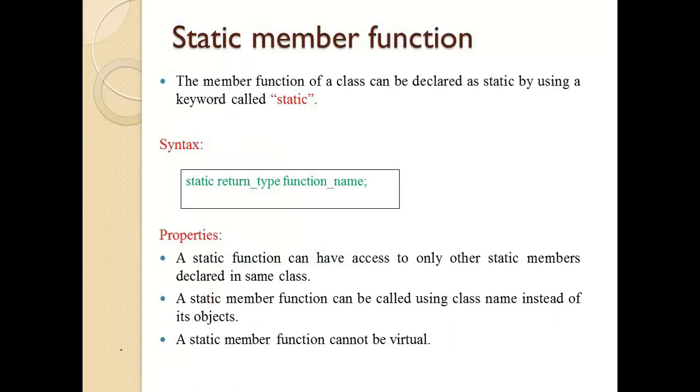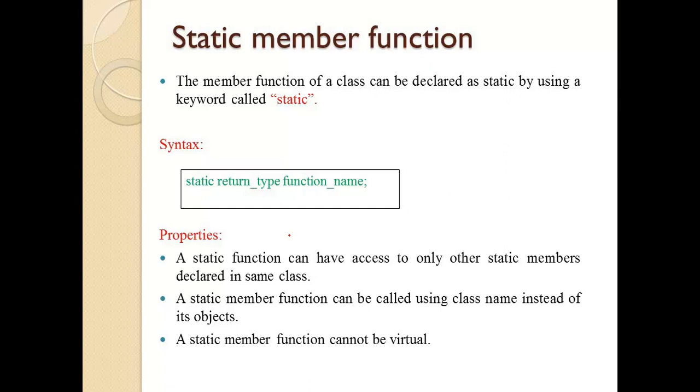And then what is meant by a static member function? Similar to a static data member, if we are going to make a member function static, it should be preceded by the keyword static: static, return type, and then function name. What are the properties? A static function can have access only to other static members declared in the class.